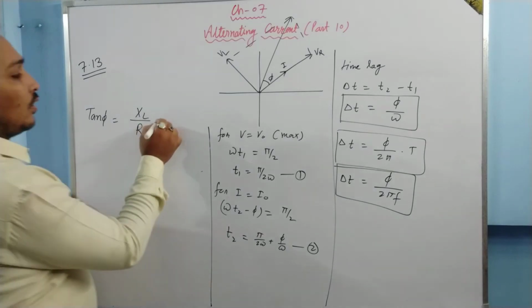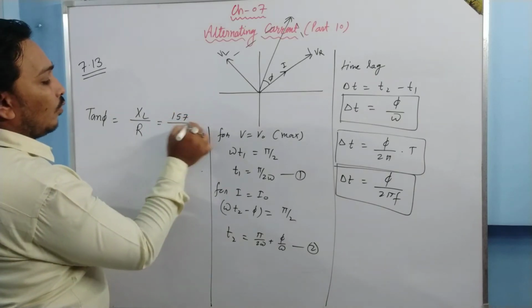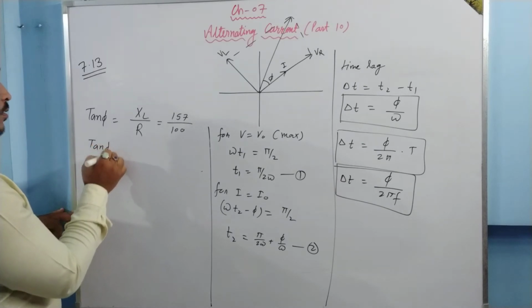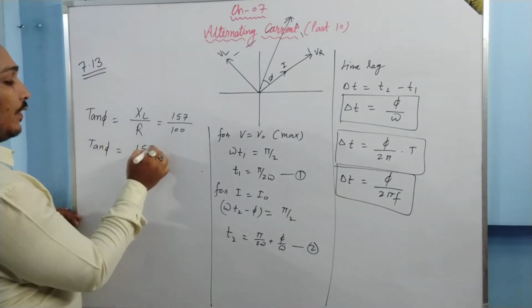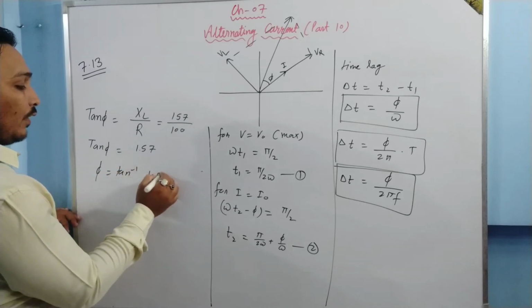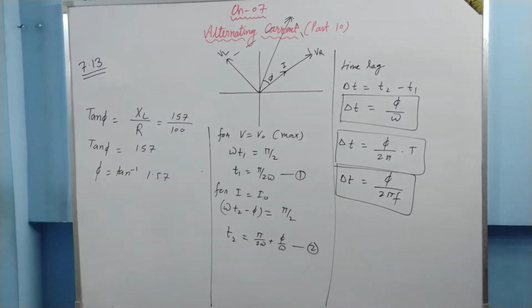XL is 157. What is the value of R? It is 100. So tan phi is equal to 1.57. So phi is equal to tan inverse 1.57.